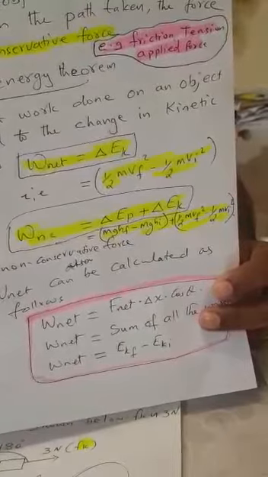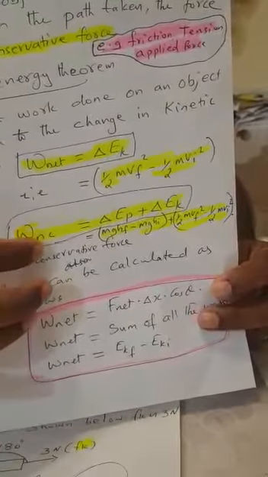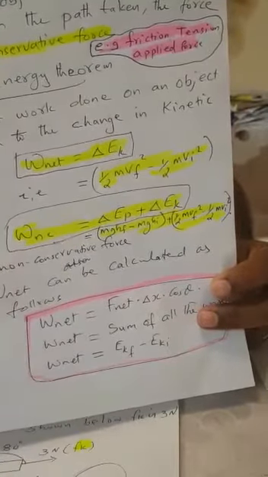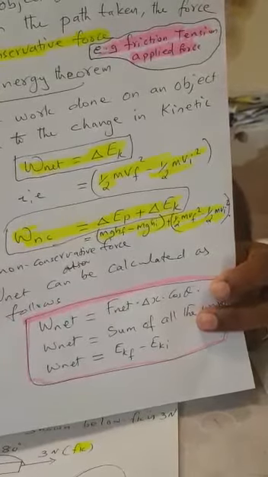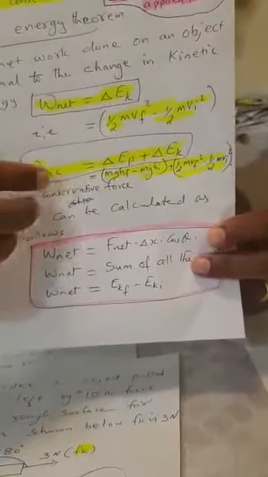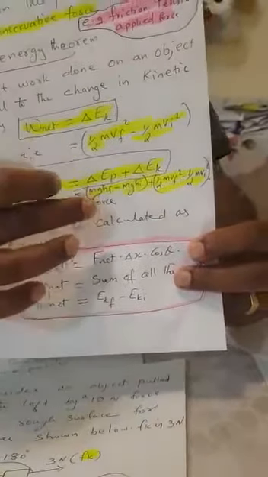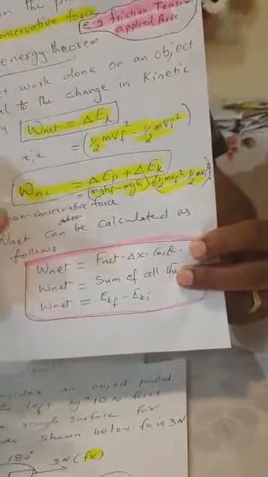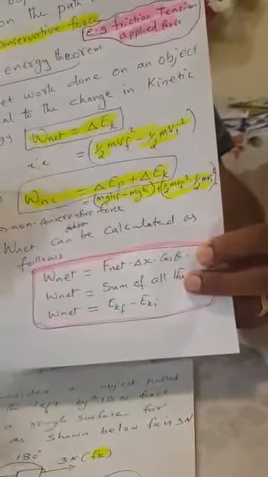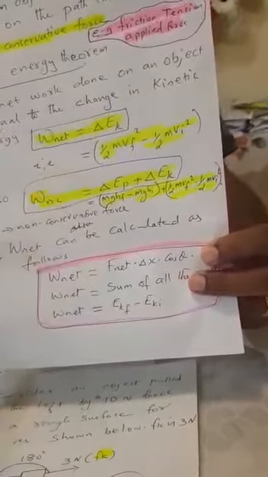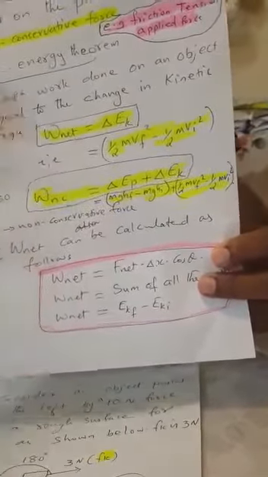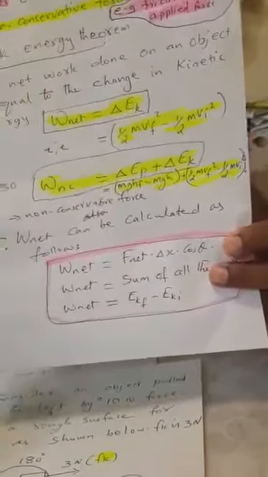So the work done by non-conservative force is equal to delta EP plus delta Ek. So you can see it is written as m g h f minus m g h i plus, in brackets, half m v f squared minus half m v i squared.